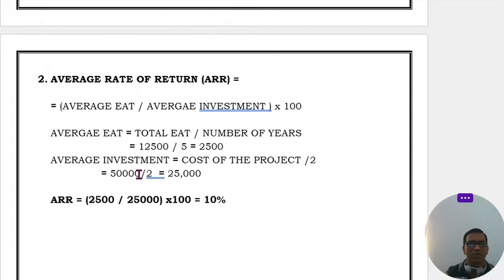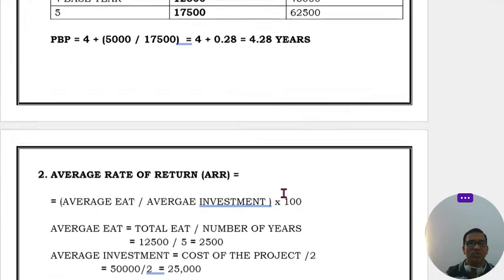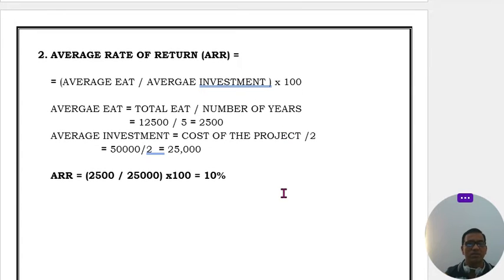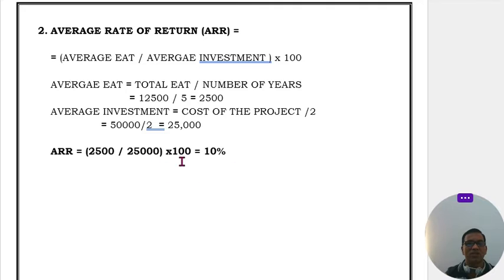Average investment is cost of the project minus scrap value, divided by 2. Here there is no scrap value, so I took the cost of the project, 50,000 divided by 2, 25,000. So 2,500 divided by 25,000 is 10%, that is the ARR.